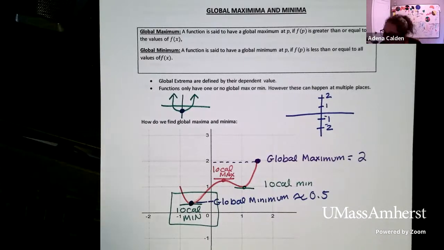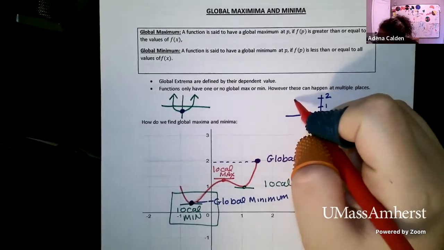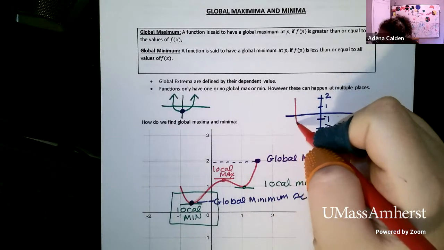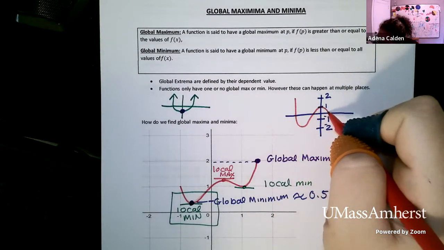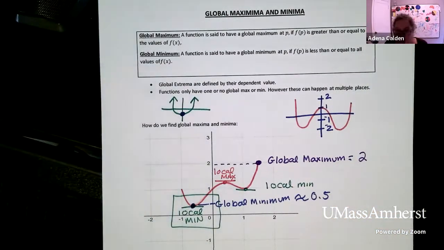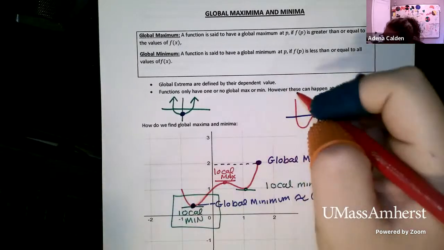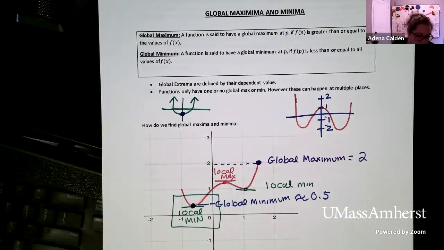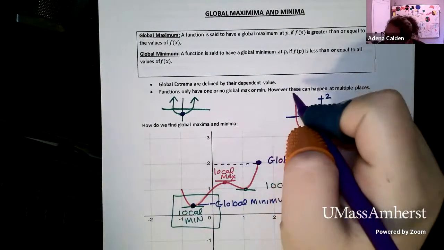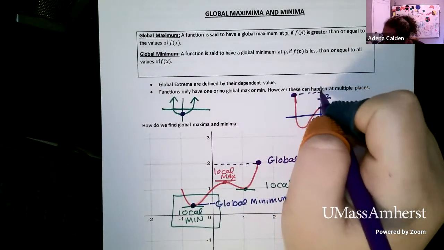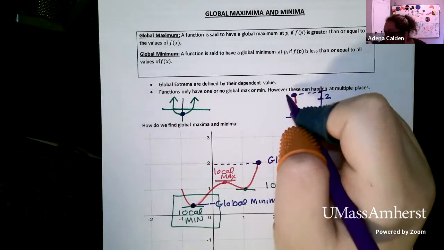Let's say we have a function that looks like this. Let me make this a little more exaggerated up here. We don't have the arrows, so we don't worry about going off forever. So the global maximum is whatever this y value is here. Let's say that's like 2.5.